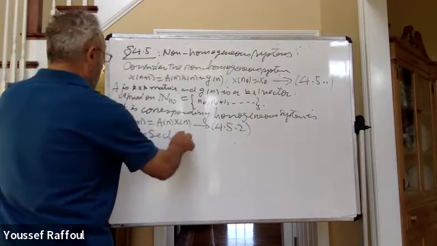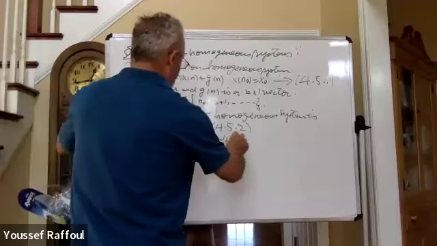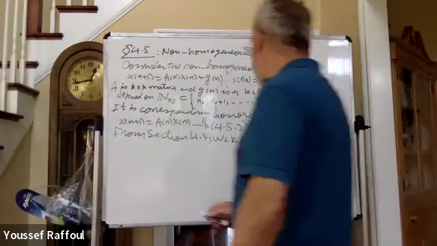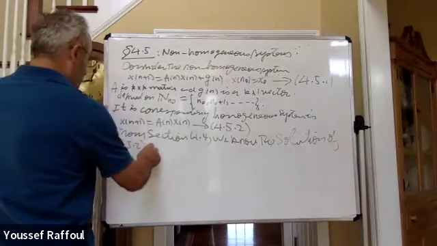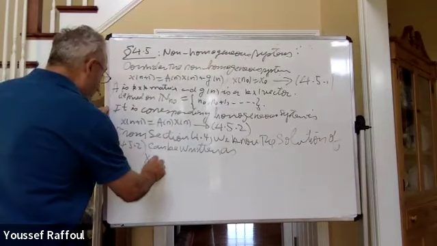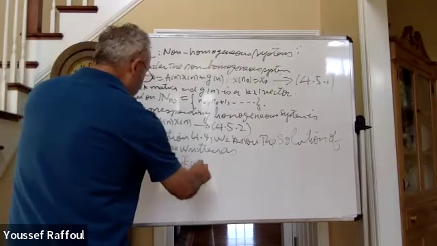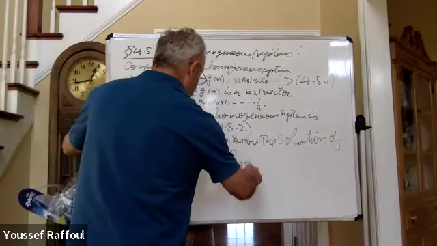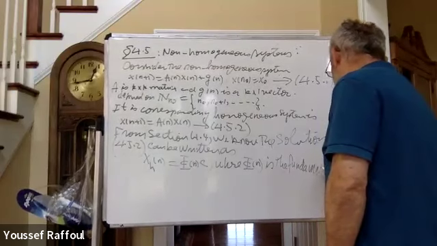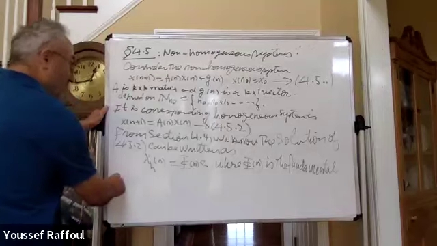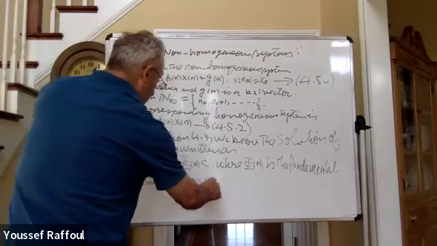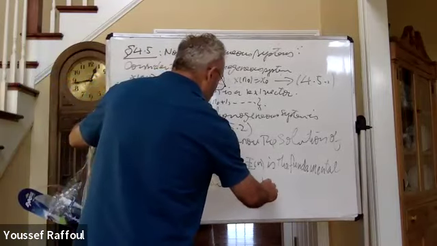From section 4.4, we know the solution of 4.5.2 can be written as, and what I'm going to call x h of n, is phi n of c, where phi n is the fundamental matrix of 4.5.2, and c is a k by 1 vector.